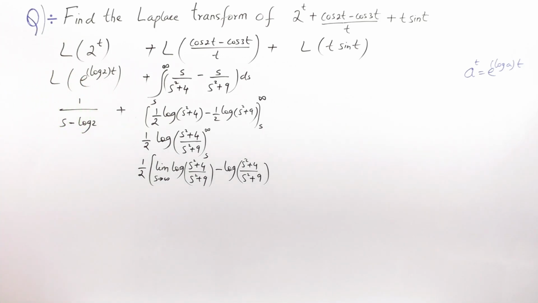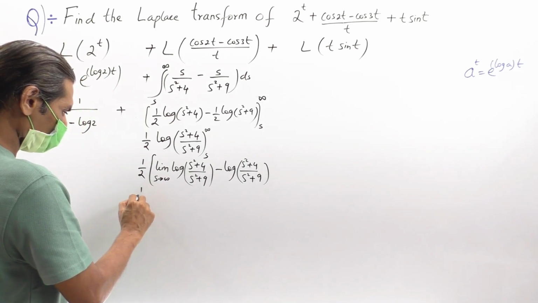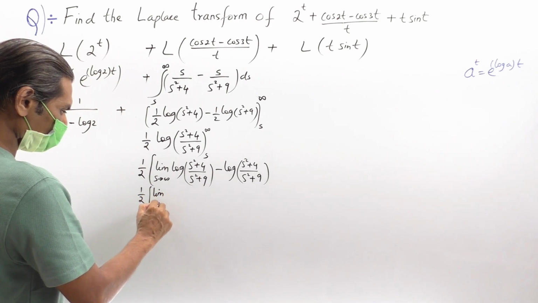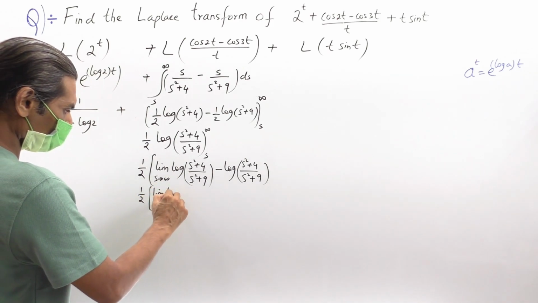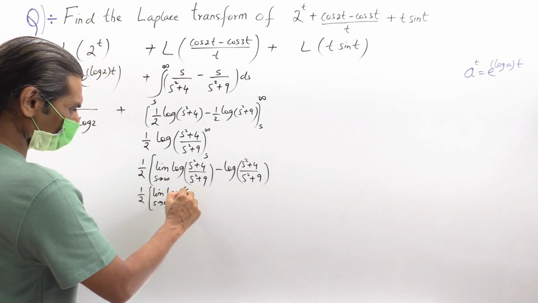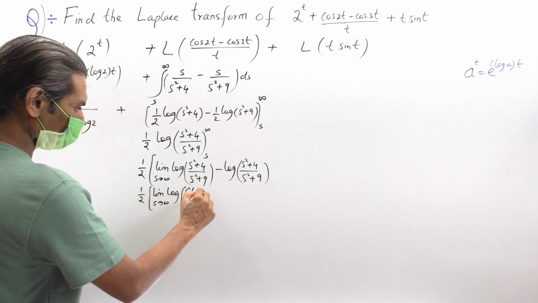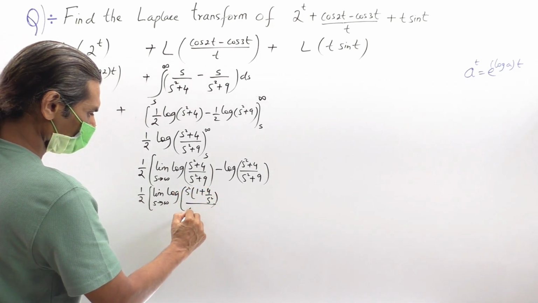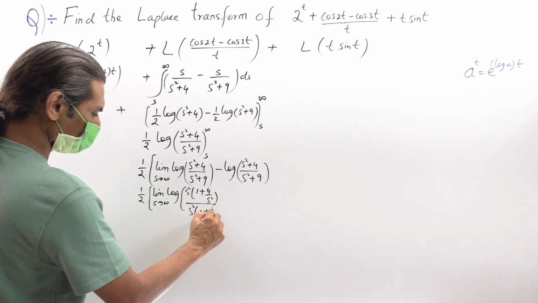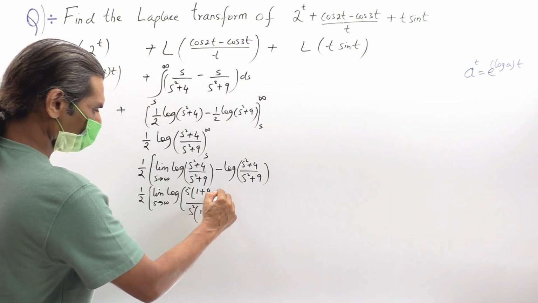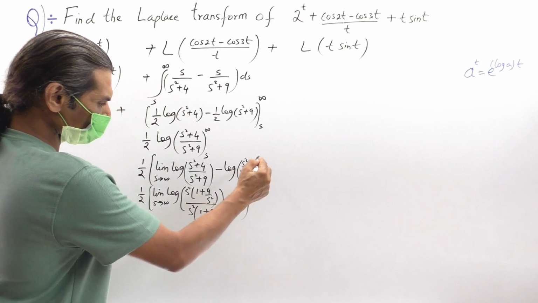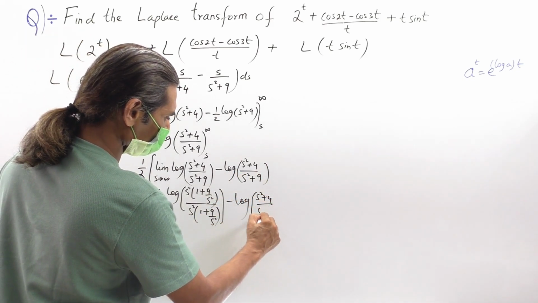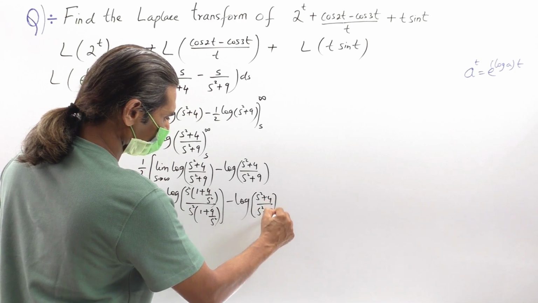Now if you solve this, we get 1 by 2 limit as s tends to infinity of log of, we take s square outside, 1 plus 4 by s square into 1 plus 9 by s square, minus, this will be as it is, s square plus 4 by s square plus 9.